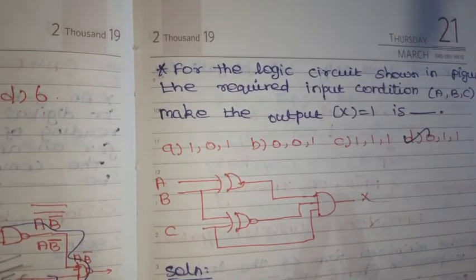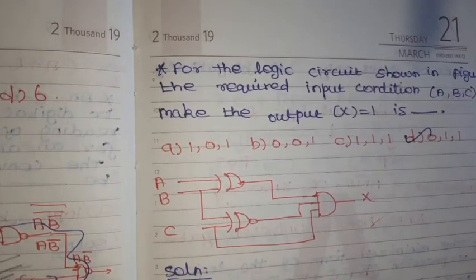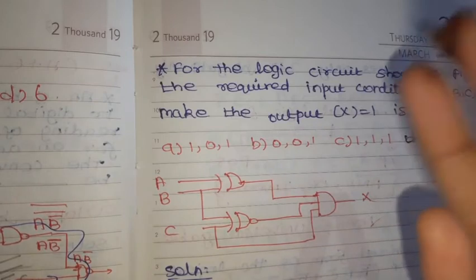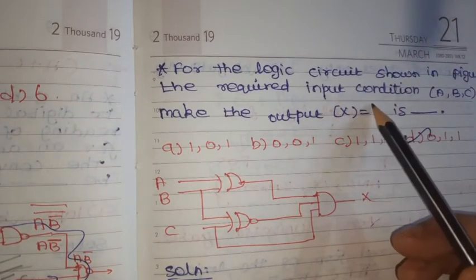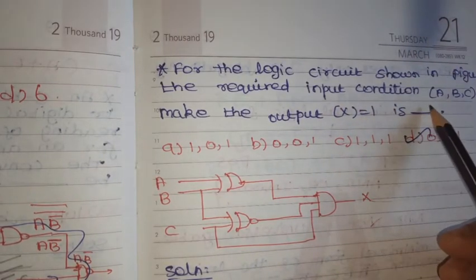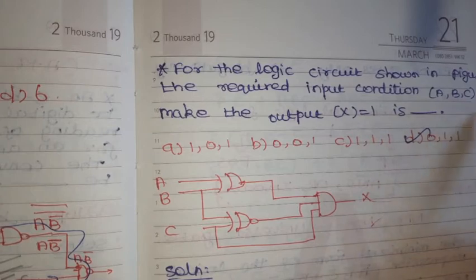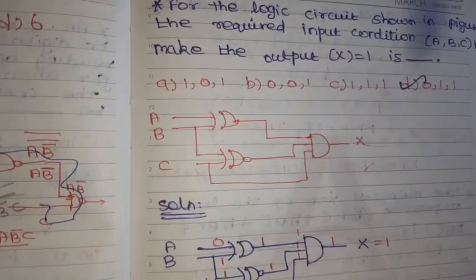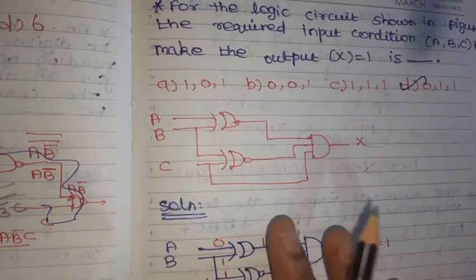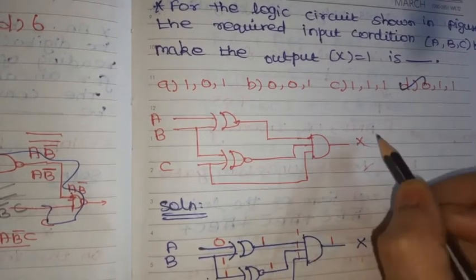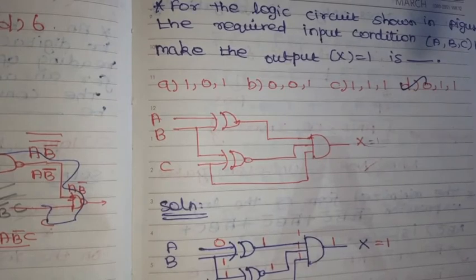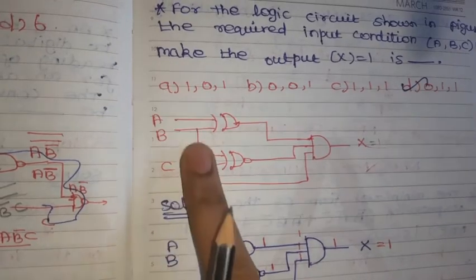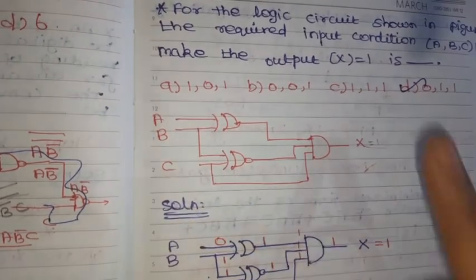Again, for the logic circuit shown in the figure, the input condition A, B, C to make the output 1 is, so what is that? For the logic circuit given, the output should be 1. So we need to find out what the input condition is. 4 different options are given.